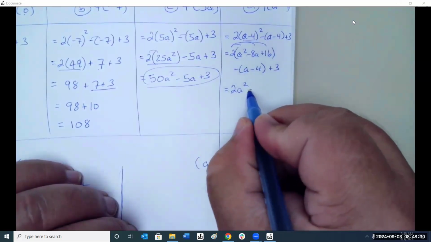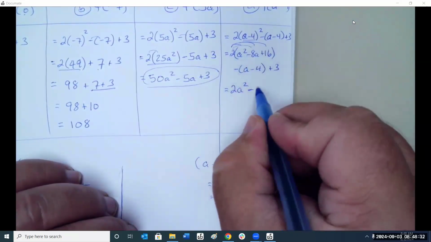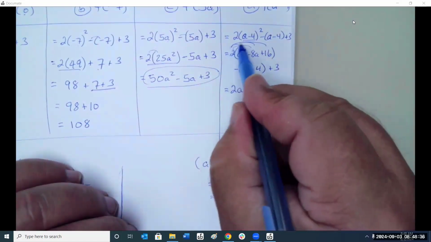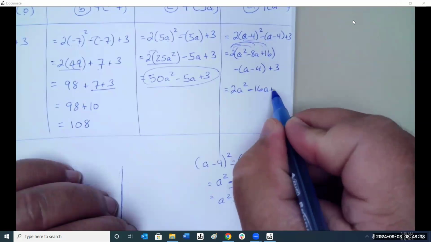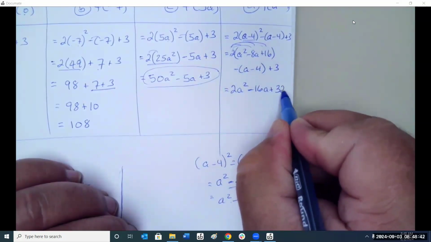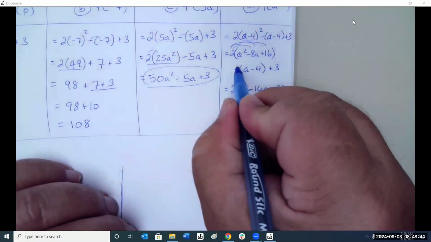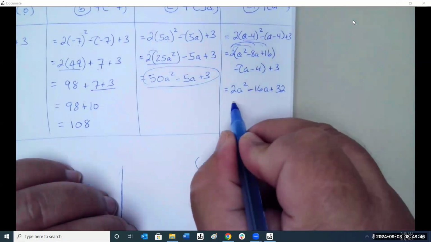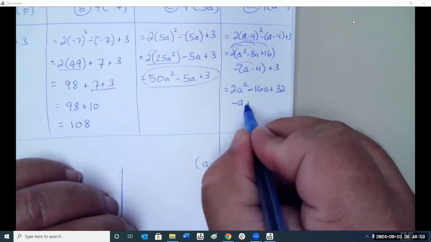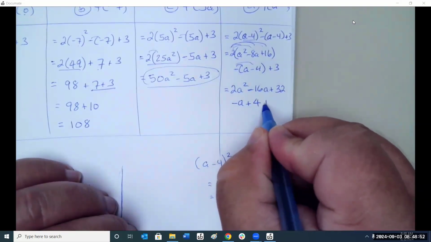Positive times negative is negative. 2 times 8 is 16. Positive and positive is positive. 2 times 16, 32. Negative times positive is negative a. Negative times negative is positive 4.